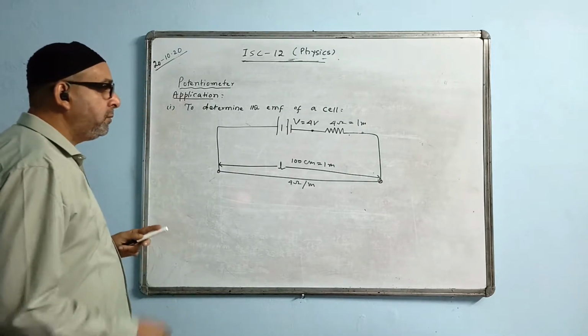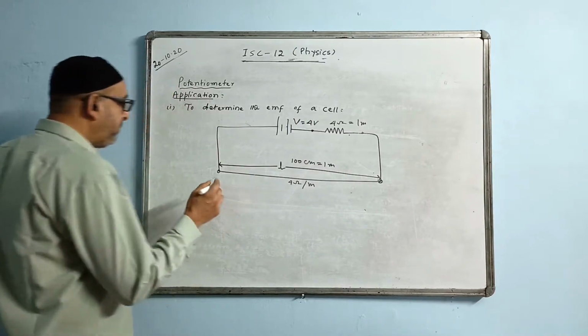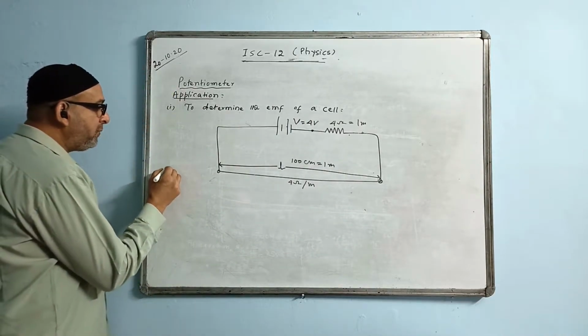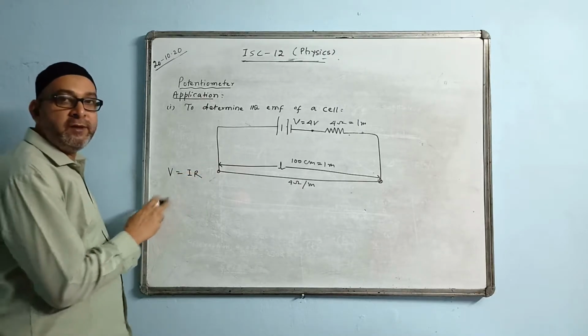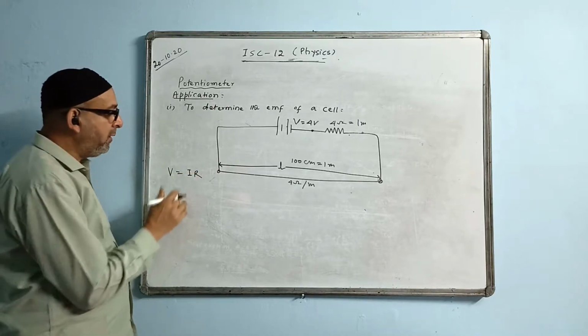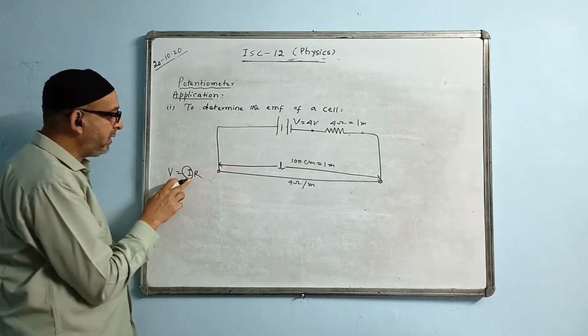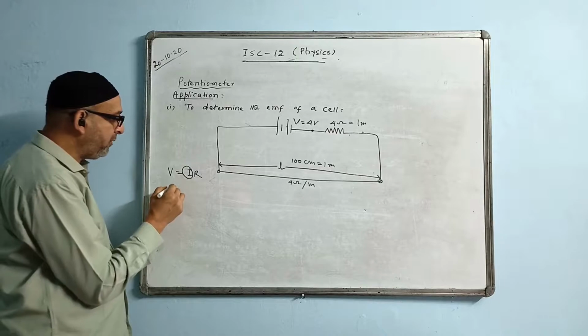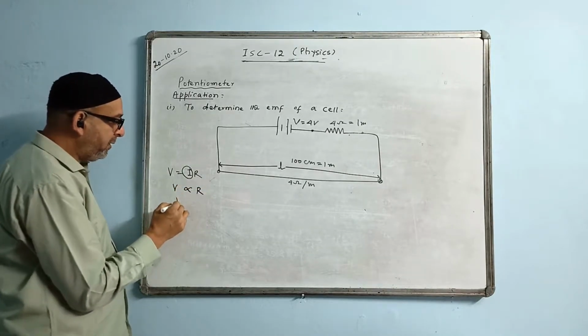Actually the reason is, what is Ohm's law? We say V equal to IR. You can understand from this equation, V is equal to IR is called Ohm's law. If I is constant, that means the current flowing through the wire is constant, then V is proportional to R. And we continue further.